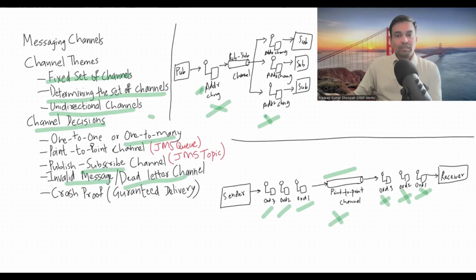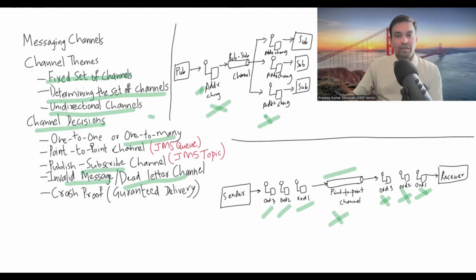We will dig deeper into the other types. Okay, I forgot to cover an invalid message or dead letter channel. In the ideal case, when we create a channel, the expectation is that the sender will only send valid messages on that channel.